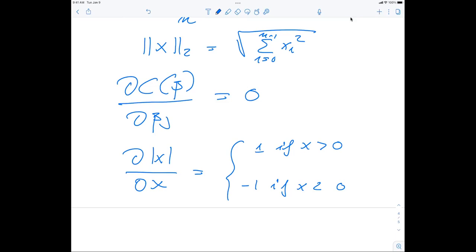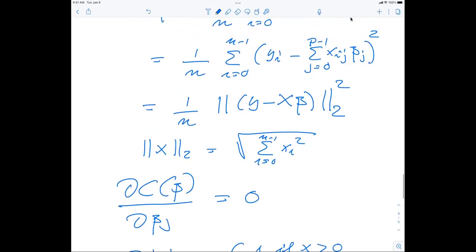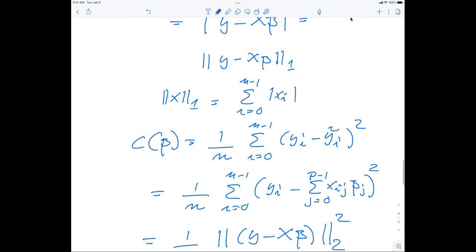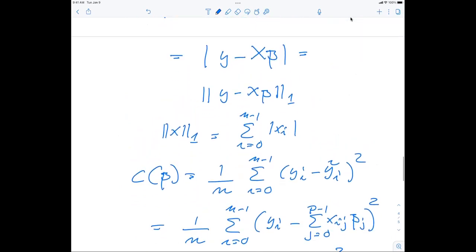Now, if you look at the expressions which you then have, which would you prefer if you want to derive a simple equation? The mean squared. With the mean squared, you're going to get a nice analytical expression.